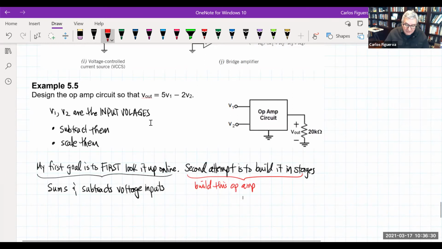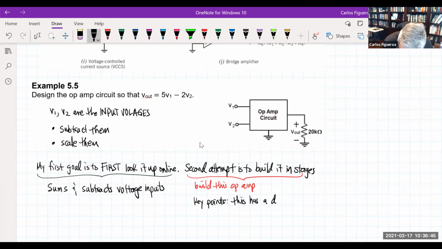So the first thing you've got to pay attention to, one of the key points here, is that this has a difference with different gains.